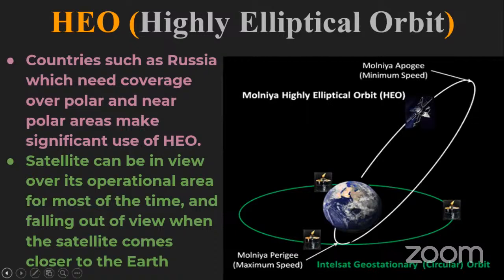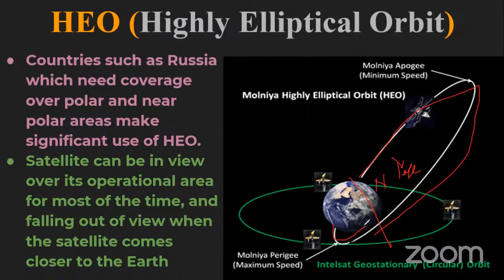The advantages you can clearly see in this diagram. For most of its journey, it is near the North Pole, and only for a lesser amount of its journey is it near the South Pole.